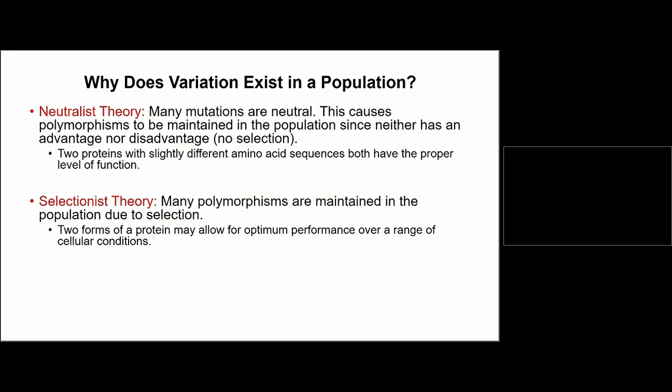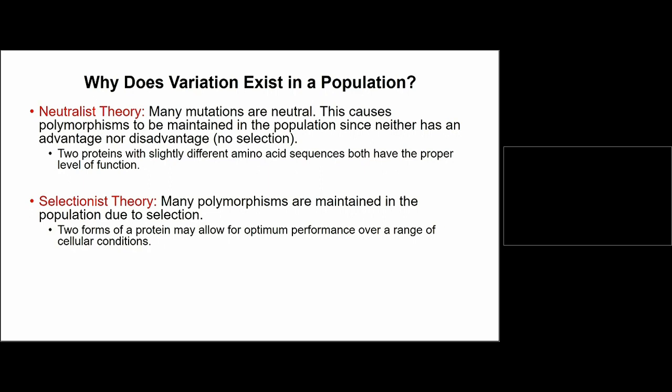There's also the theory that it's actually actively maintained in the population, right? Maybe there's certain versions of a protein that are really important for the performance at certain temperatures versus other proteins that are better at different temperatures. So having those both in the population is really beneficial because some survive better when it's cold and others survive better when it's warm.